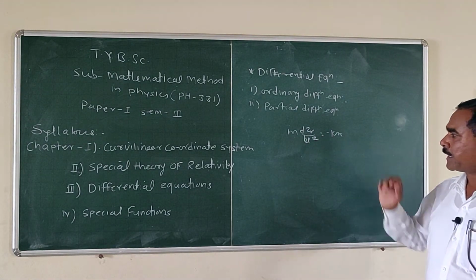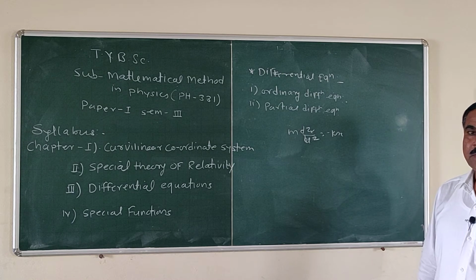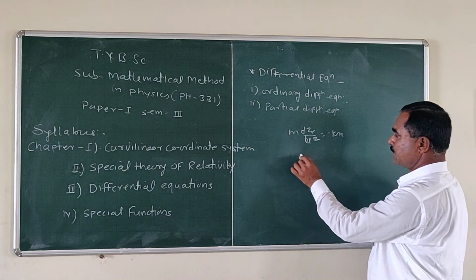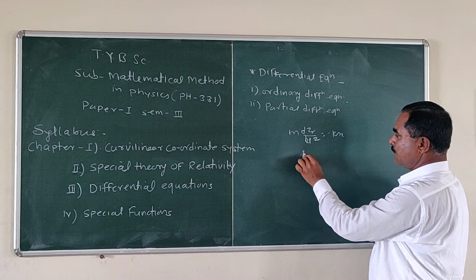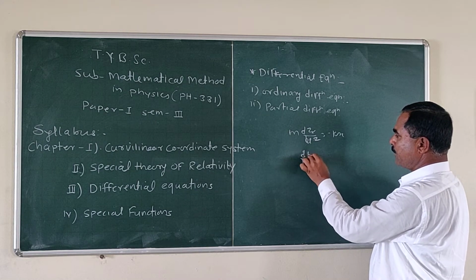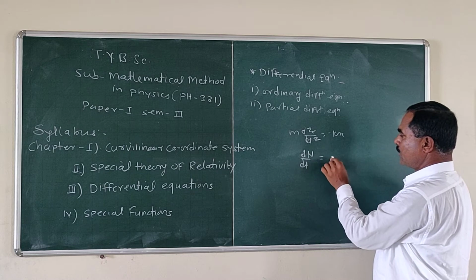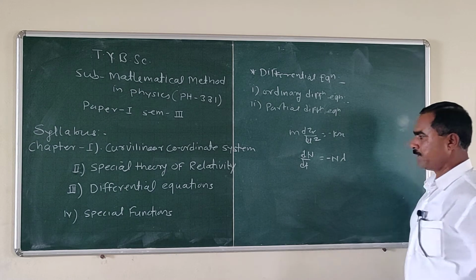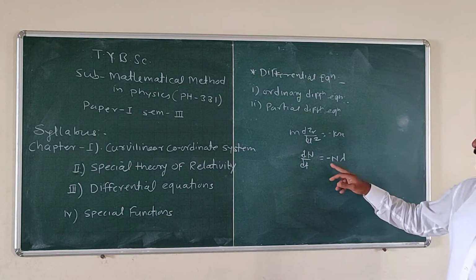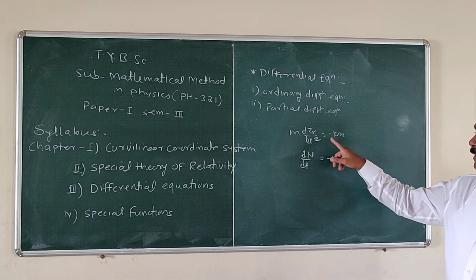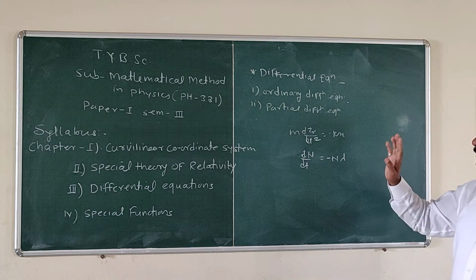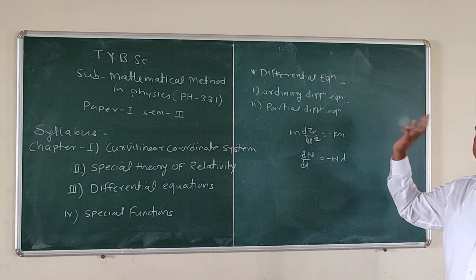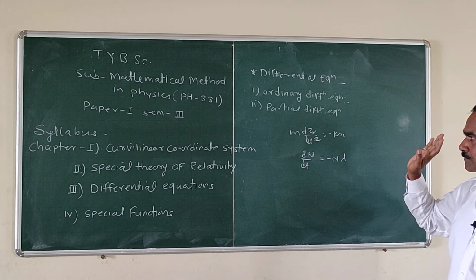Then we consider the next example, the radioactive decay equation, that is dN by dt equal to minus lambda N. So this is the decay equation, this is the simple harmonic motion equation. So you know the ordinary differential equation, its definition and its example.